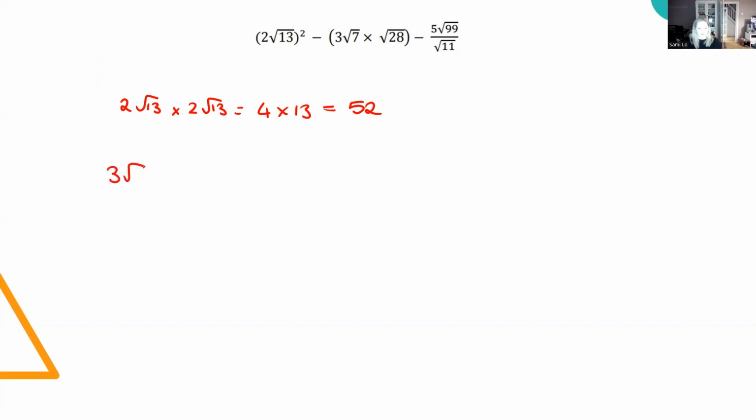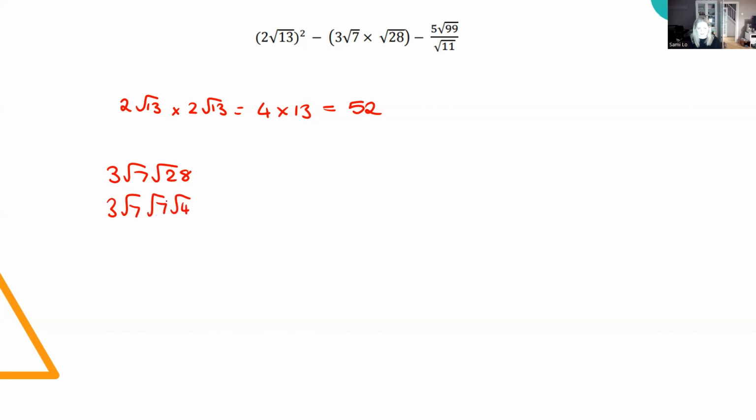So we've got 3 root 7 times root 28. Well, I'm going to split the 28 up because that's going to make my life easier, because I can't be bothered working with big numbers. So 7 and 4.